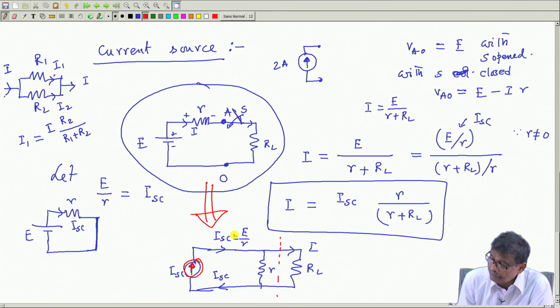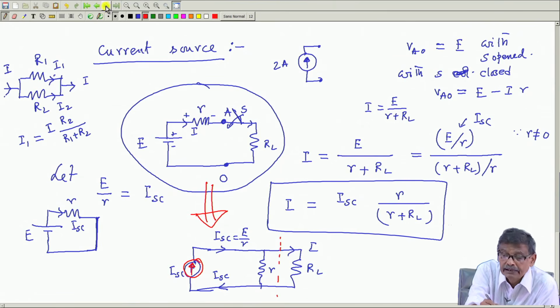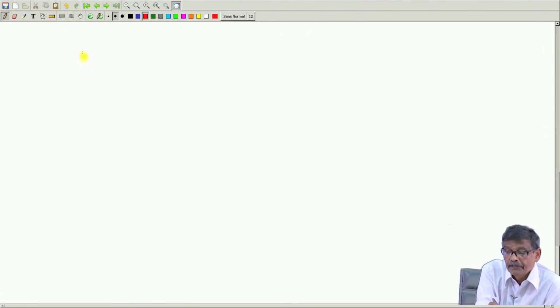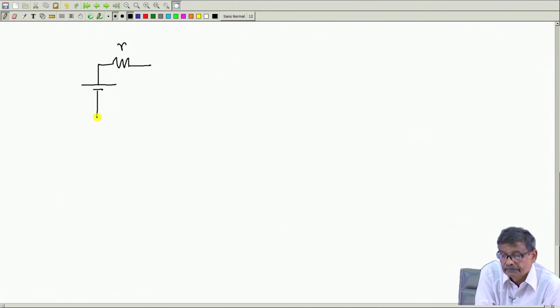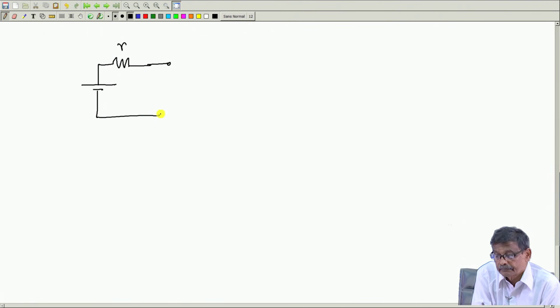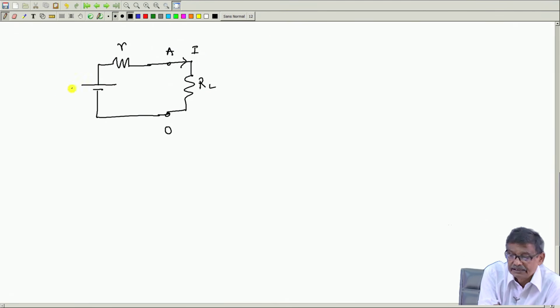Therefore, I will say that if you have a circuit like this, a battery with internal resistance, mind you, R, this is A, this is suppose O, and here is your RL, this current is I, and this voltage is E. What are the things known?